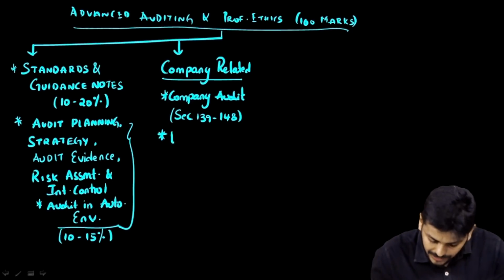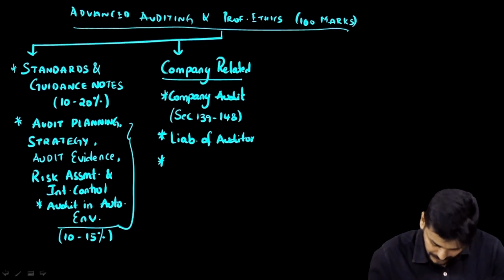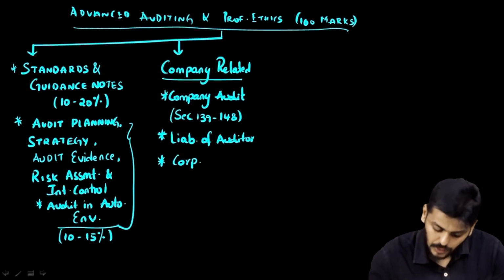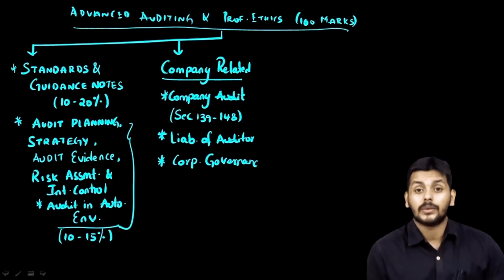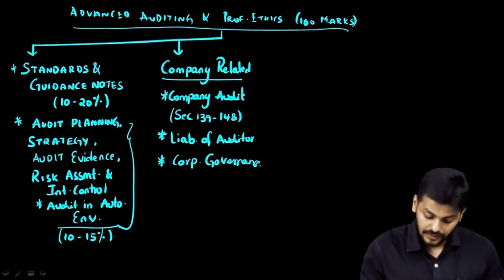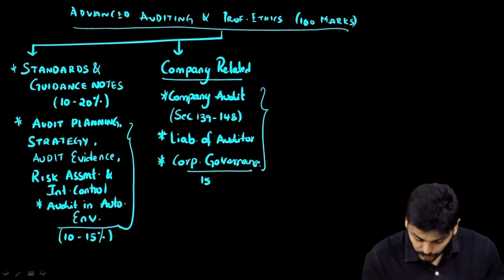Plus, what are the liabilities of the auditor for wrongdoings and other things, and then provisions of corporate governance. Now you have all these questions on LODR and all that stuff. This piece is going to give you around 15 to 20% according to the institute's weightage.